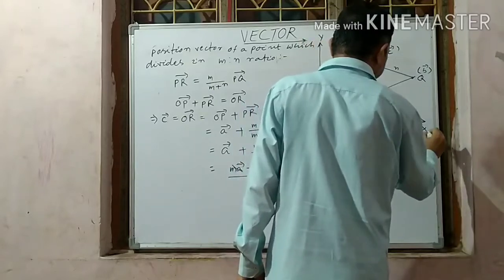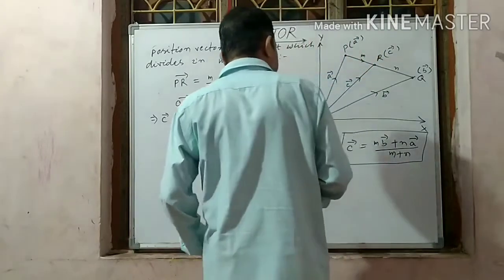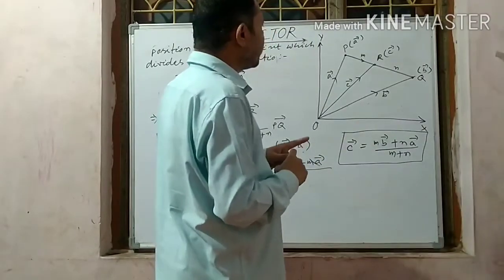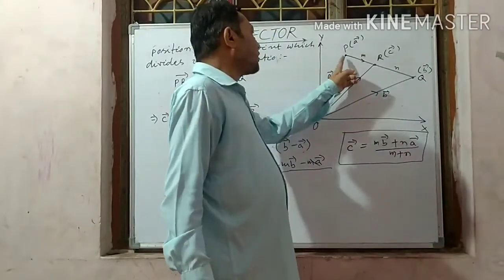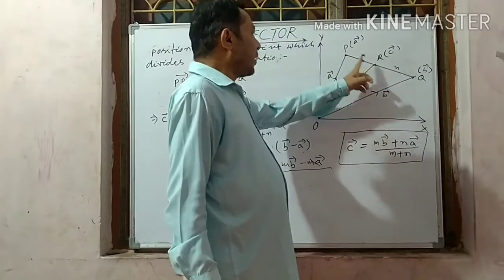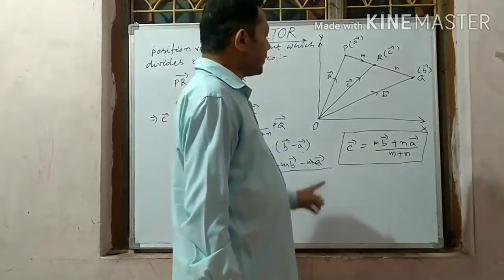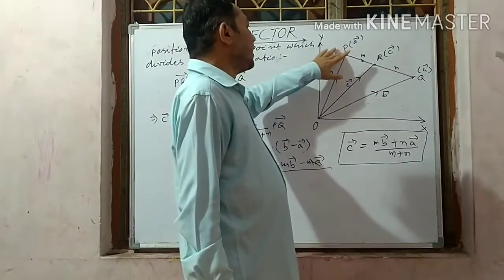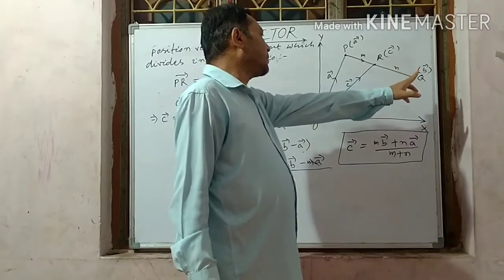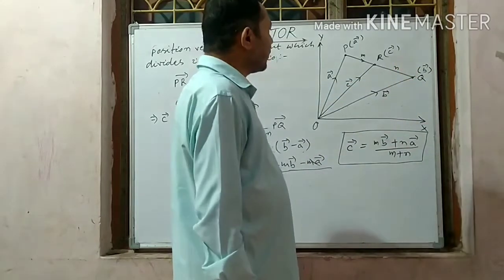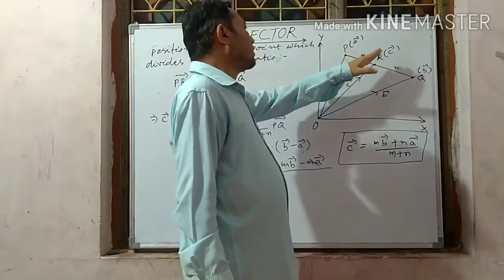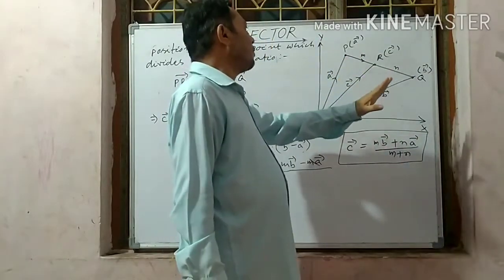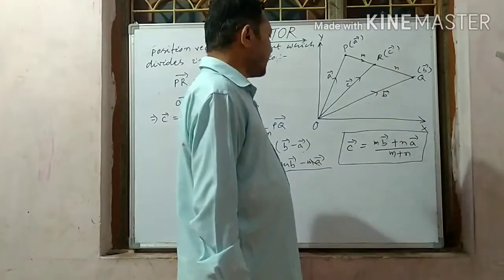So this is the position vector of a point R which divides the line segment PQ in m is to n ratio, where A is the position vector of P and B is position vector of Q and C is the position vector of the point which divides PQ in m is to n ratio.